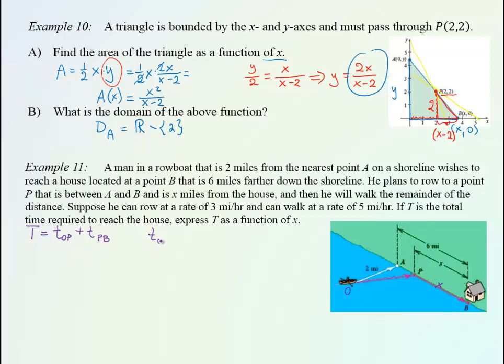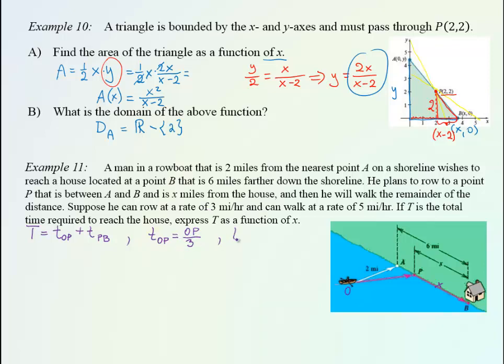So the time t_OP is distance over rate. So the distance OP we need to divide by the rate 3 miles per hour.